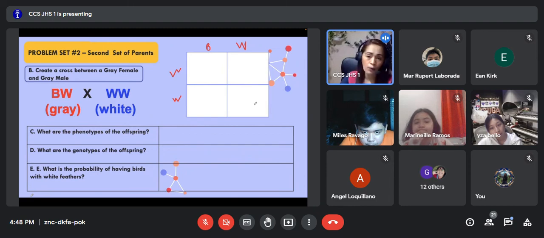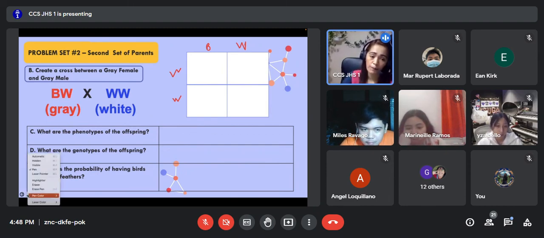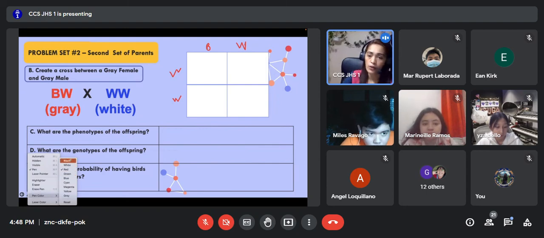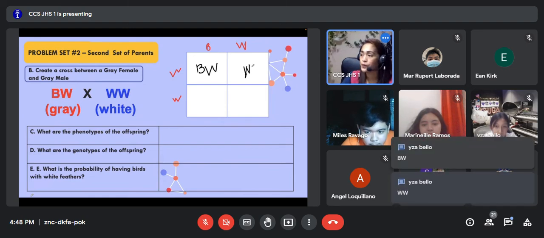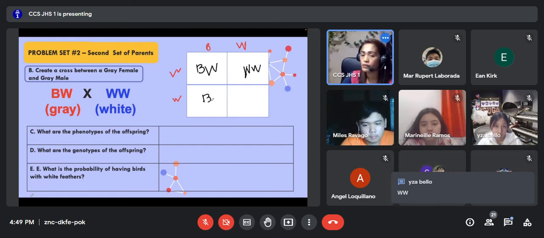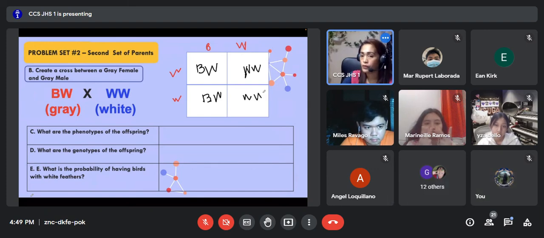So, looking at our given set of parents, what's the probability here? Or what are the combinations? We have BW, WW, and another BW, and another BW, WW.